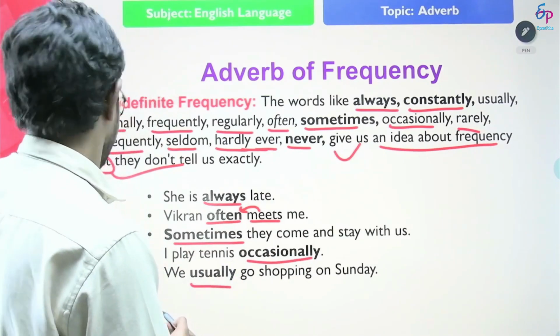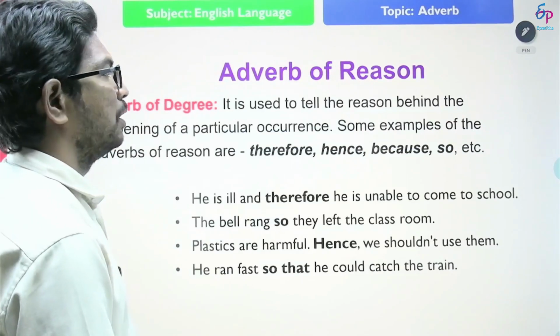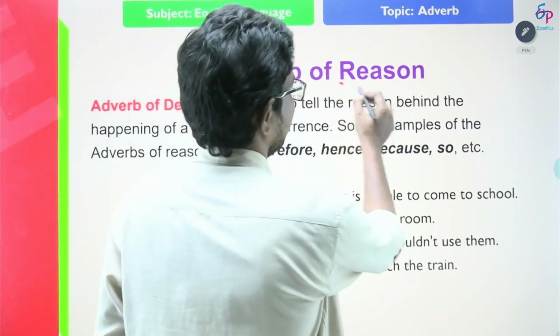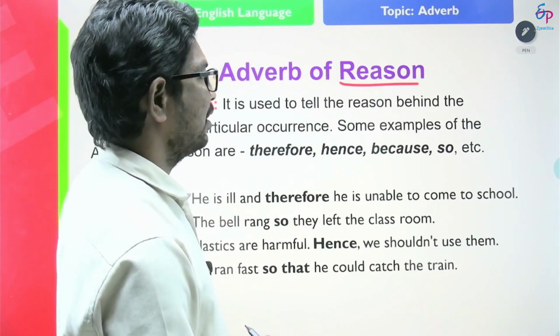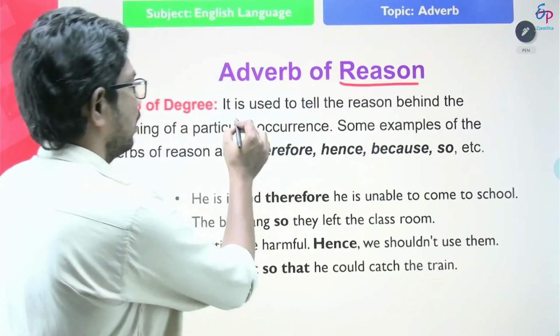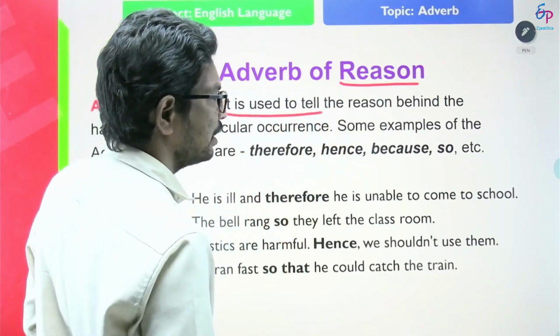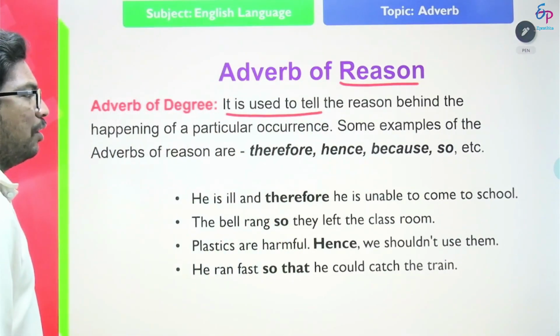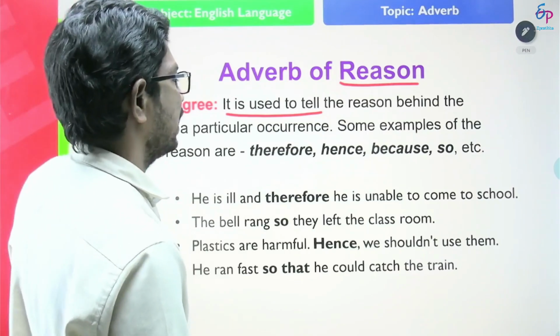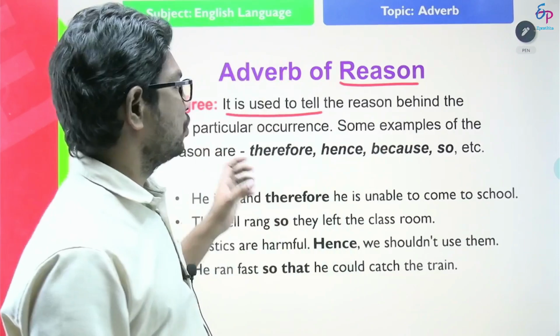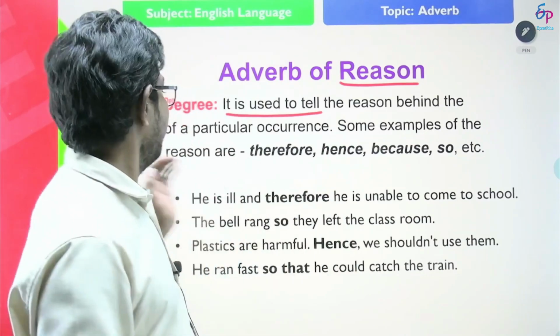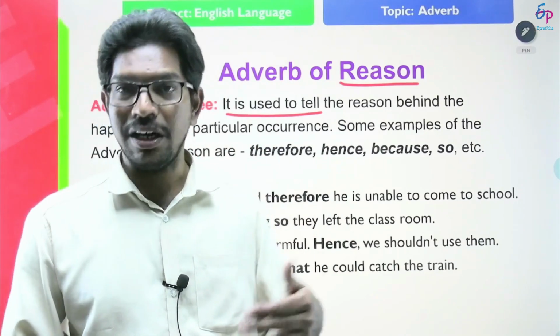So next we'll discuss adverb of reason. What is adverb of reason? It is used to tell us the reason behind the happening of a particular occurrence, a particular action.